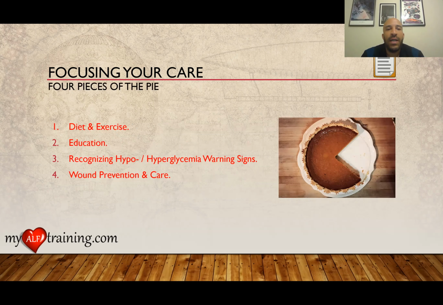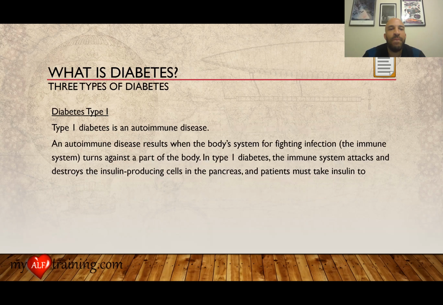Okay, so first objective, I said we were going to talk about the different types of diabetes. So the first type of diabetes is called diabetes type 1. Now, diabetes type 1 isn't the type of diabetes that we all have commonly come to know. Diabetes type 1 is actually the result of an autoimmune disease, which happens generally when the body is fighting an infection.